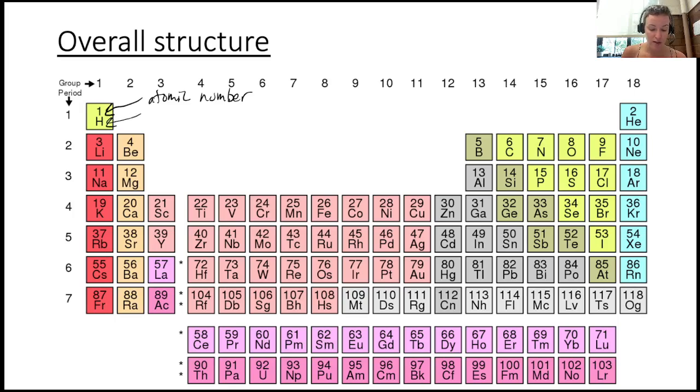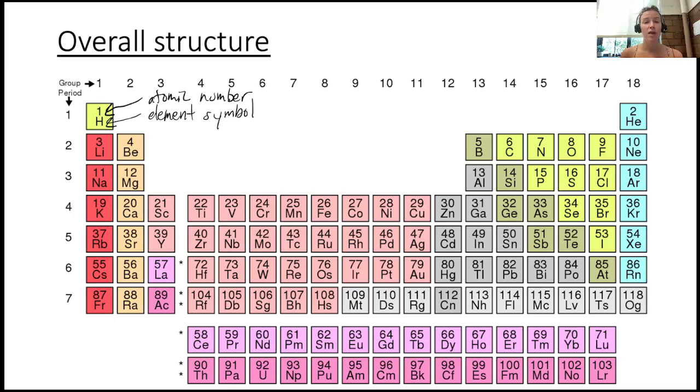You'll also see that there are either one or two letters associated with these elements. And these letters symbolize the name of the element. It's an abbreviation that we as chemists use pretty frequently.